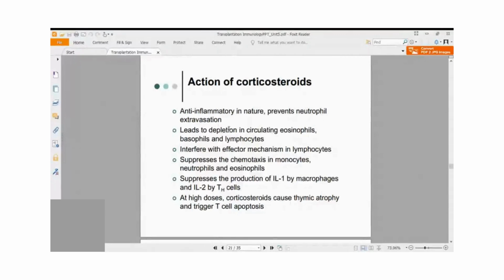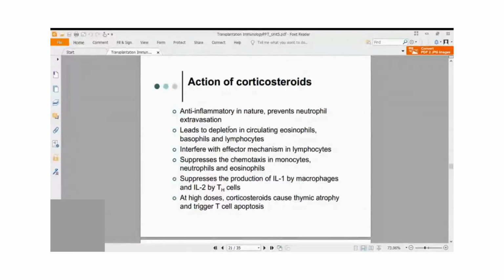It will also prevent activated macrophages from secreting IL-1, and IL-1 is the warning cytokine for the TH cells to indicate that there is a foreign antigen. The macrophages that encounter a foreign antigen will secrete copious amounts of IL-1 to warn the TH cells to get activated and come to the site where the antigen is encountered, to be presented with the antigen by the antigen presenting cells.